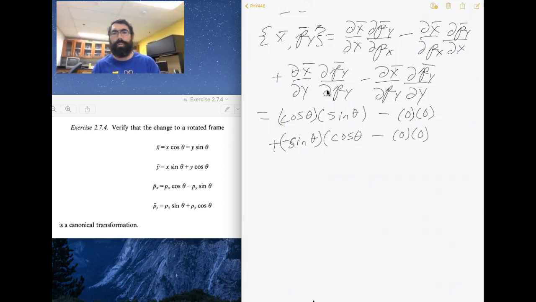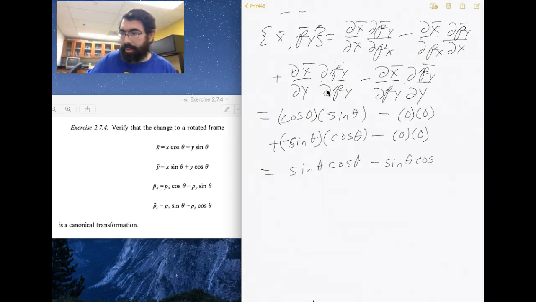So I'm quickly going through those derivatives, and while we do have terms that are non-zero, it turns out they're exactly the same, and they're equal to 0. So that Poisson bracket of an x coordinate and a y component of the momentum gives you 0, like we said it was.